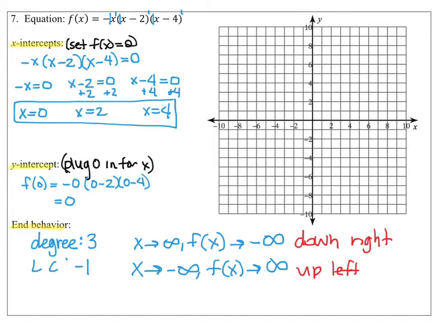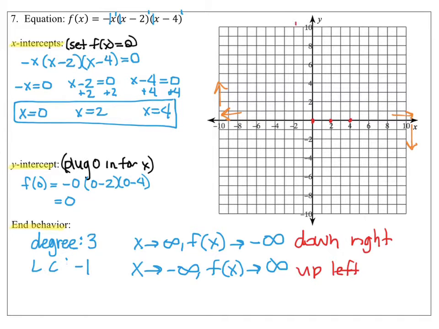So let's go put what we know on the graph. I know that I have x-intercepts at 0, 2, and 4. I know I have a y-intercept at 0, which is the same as the x-intercept. And then I know as my graph is going to the right, it's going down. As I go to the left, it's going up.